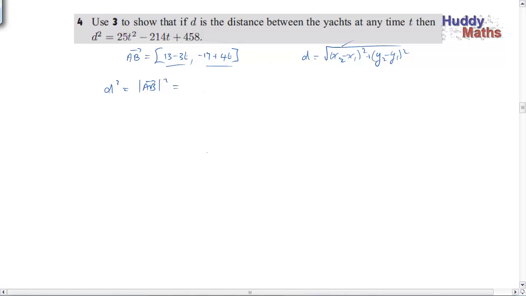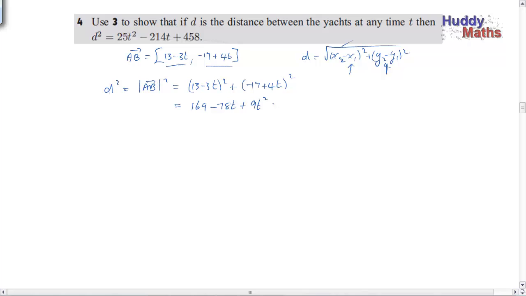These are the x2 take x1 that we just did here. Okay, so this is 13 take 3t squared plus neg 17 plus 4t squared, which is whatever, 169 take whatever, what is this? So 2AB here is 78, take 78t plus 9t squared.